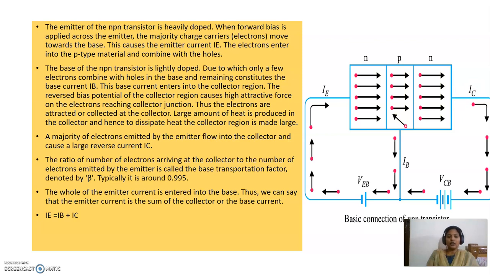The ratio of the number of electrons arriving at the collector to the number of electrons emitted by the emitter is called the base transportation factor, denoted by beta. The whole of the emitter current enters into the base. Thus, we can say that the emitter current is the sum of the collector and the base current, that is IE is equal to IB plus IC in case of NPN transistor.